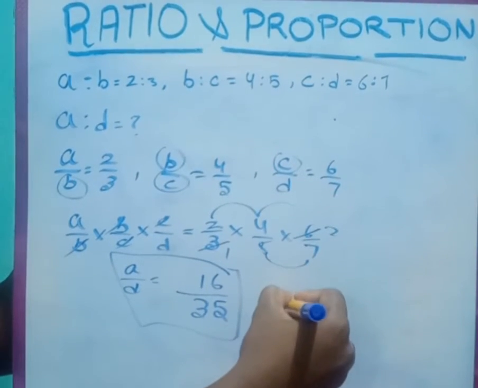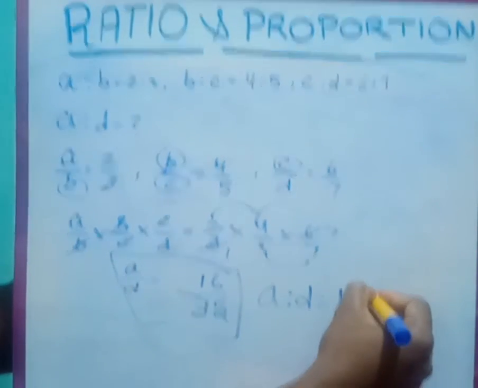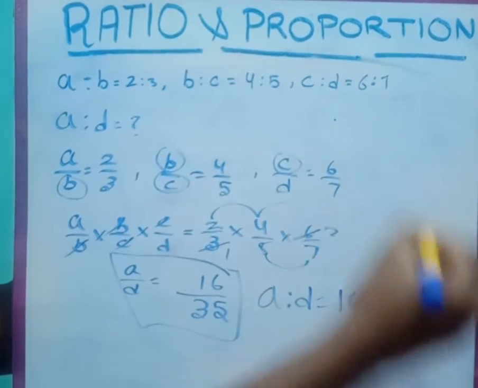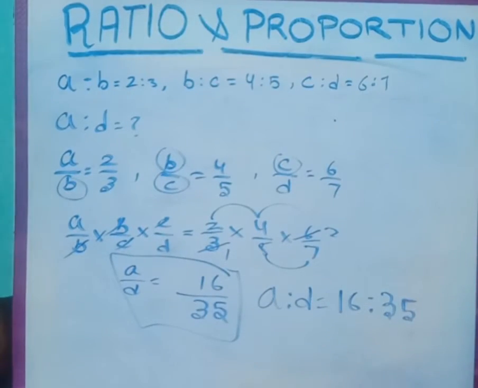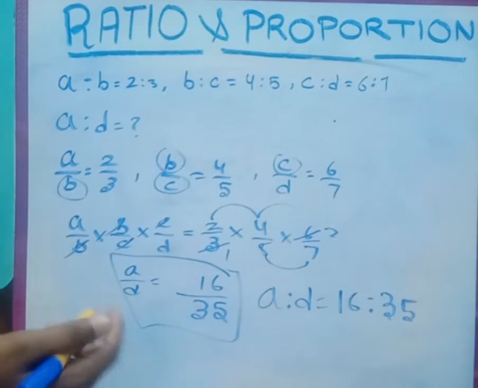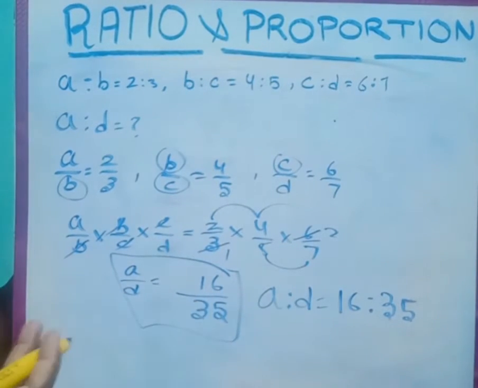Nothing more, friends, A is to D is equal to 16 is to 35. That's it, guys. That's what you have to do. We just multiply all these values, you will get A by D, and A by D is nothing but A is to D. So this is the first example, guys. Just note it down.